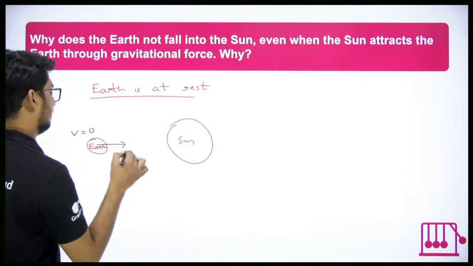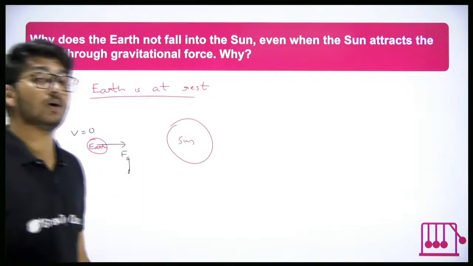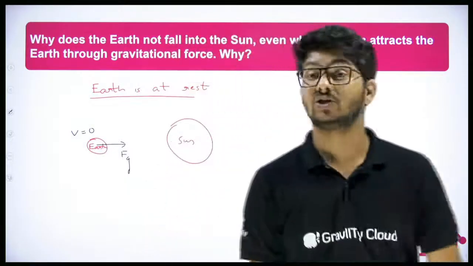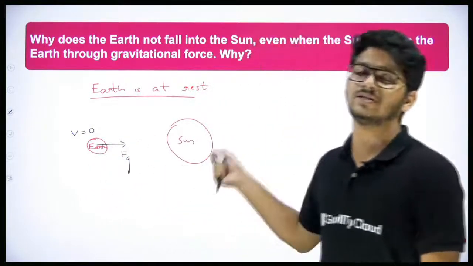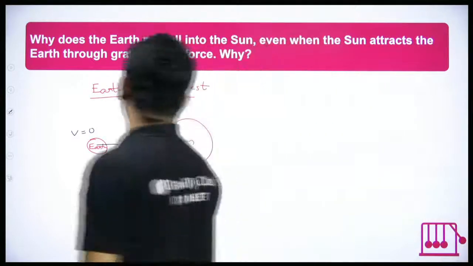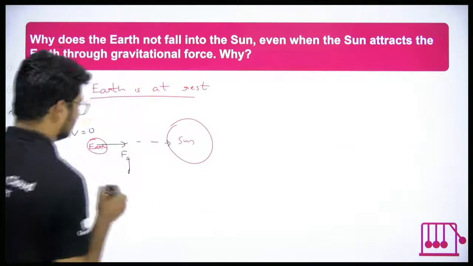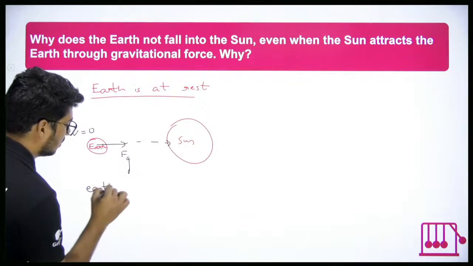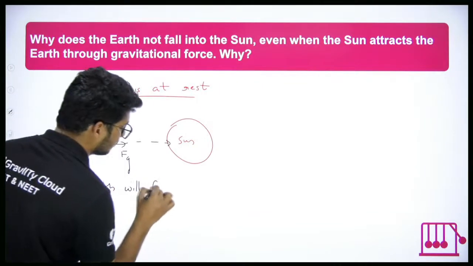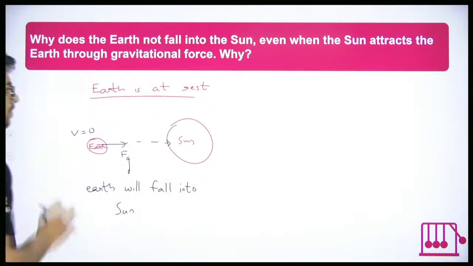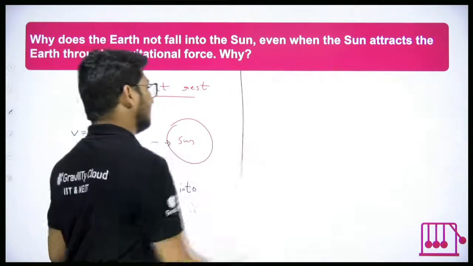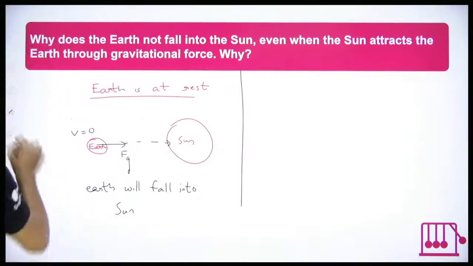Then when gravitational force will act, what happens? What will the gravitational force do? The gravitational force will pull Earth towards the sun. And then what happens? In that case, Earth will fall into sun. When Earth is at rest, that can happen, but Earth obviously is not at rest.